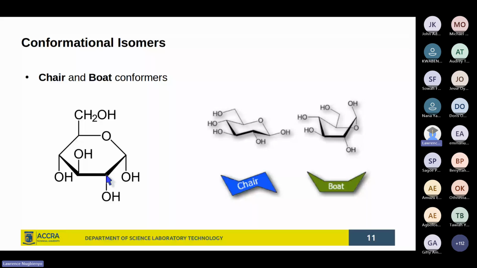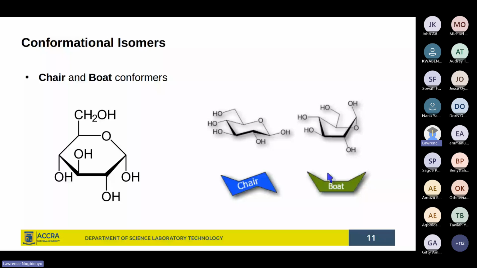That will give you the chair conformer. And if it is only the carbon that has a CH2OH and the oxygen within the ring from the top, if these two collapse in from the top, that will give you the boat conformer.